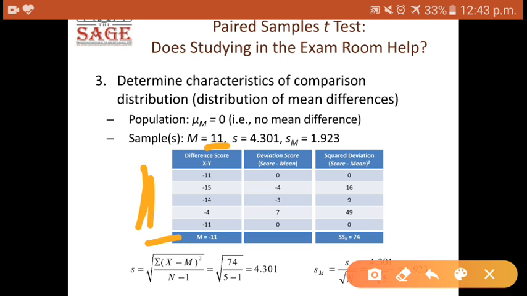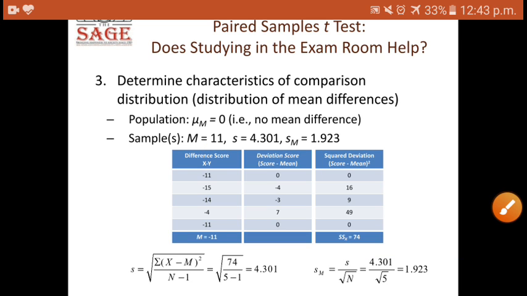While taking out the standard deviation, we square the deviation scores. So what we are getting is the sample standard deviation, that is 4.301, and the sample standard error, that is going to be 1.923.